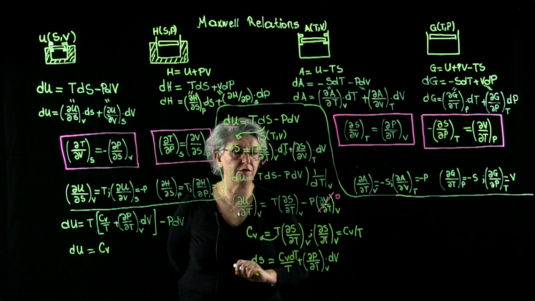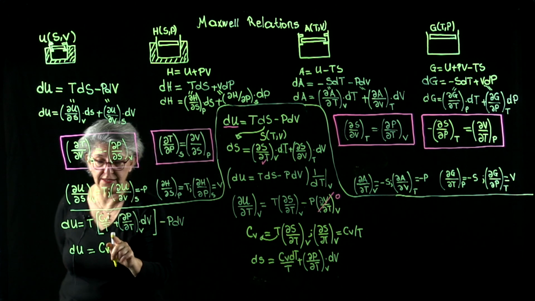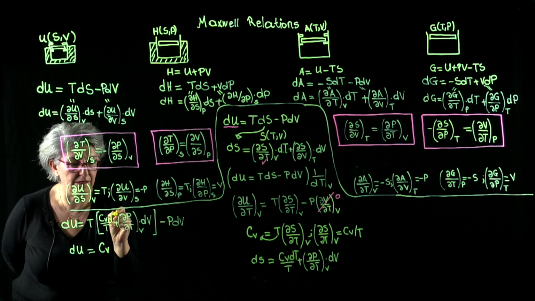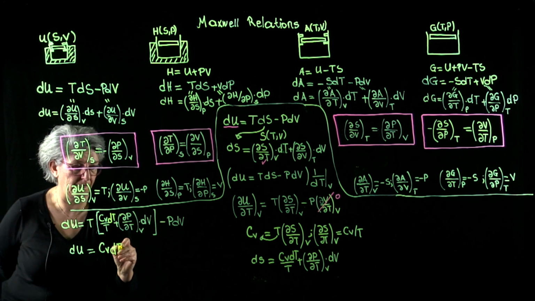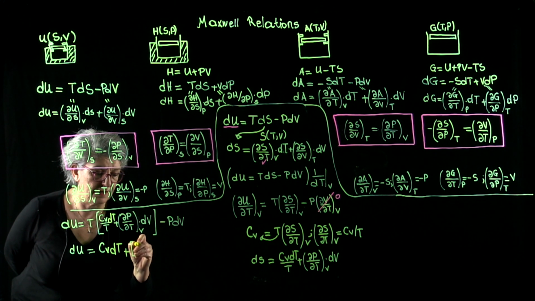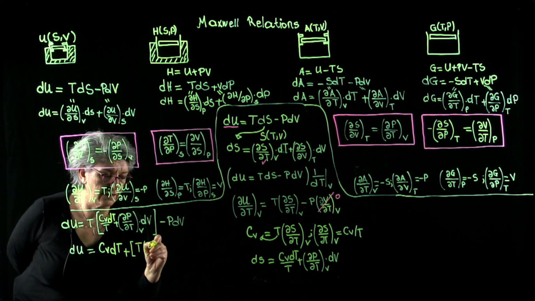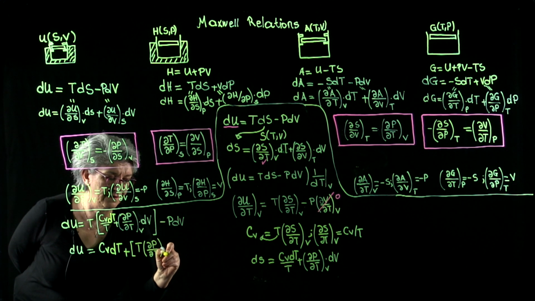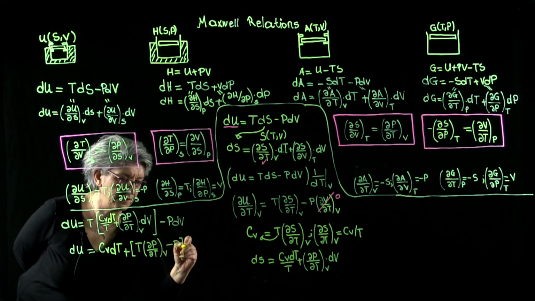All right, we forgot to put the dT term here. Cv dT plus T times del P over del T at constant V minus P, times dV.